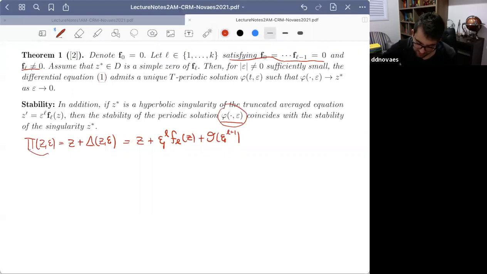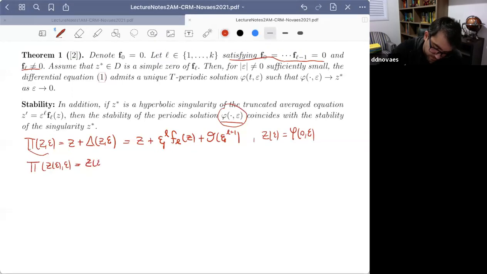Okay, because if we define z epsilon equal to the initial condition of this periodic orbit, then we know that it is a fixed point of the Poincaré map for epsilon small. So we can study the stability of this fixed point by taking the derivative of the Poincaré map and studying the eigenvalues of this linear map, the derivative.